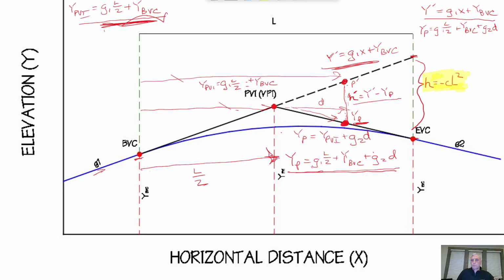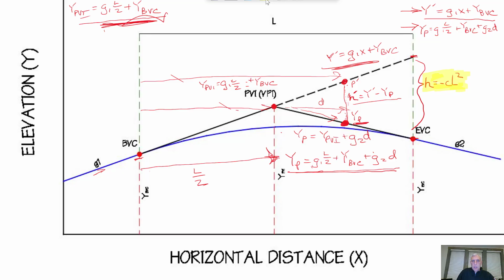Okay. So now we have, I'm running out of space here. So if we said that h prime is equal to y prime minus yp. Okay, that gives us our h prime there. So let's write that out.